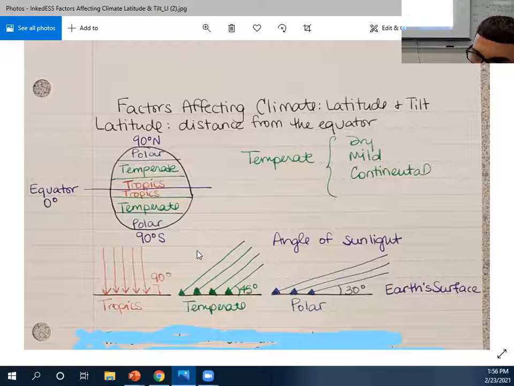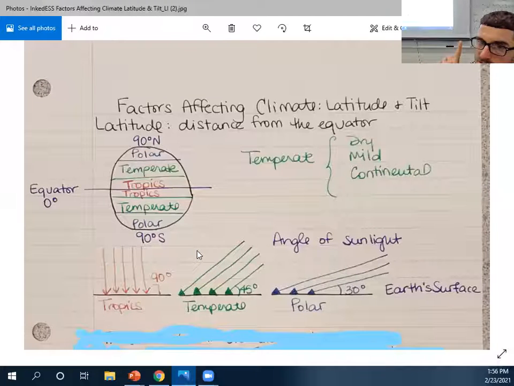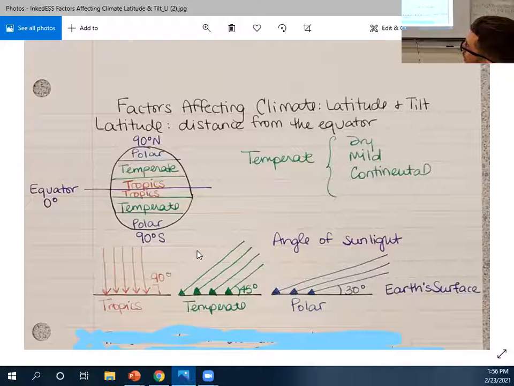We're going to draw this on page 3. And then we have the polar zones, which are the farthest from the equator at 90 degrees south and 90 degrees north latitude. Again, those are not temperature numbers. That's different. We're talking latitude.